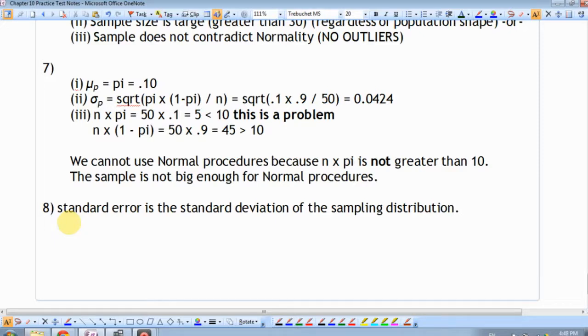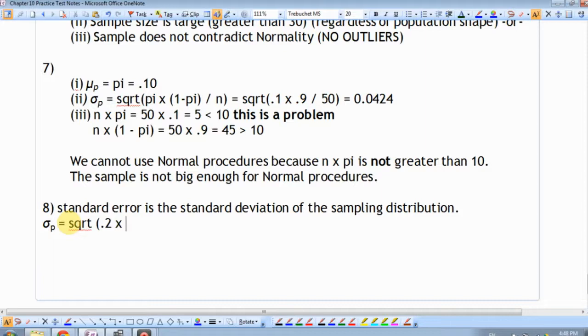So in this case, it's sigma p, and that's equal to the square root of pi times 1 minus pi divided by sample size. Here we're estimating it with 0.2. With pi? Pi, yes. And why is it 0.2?